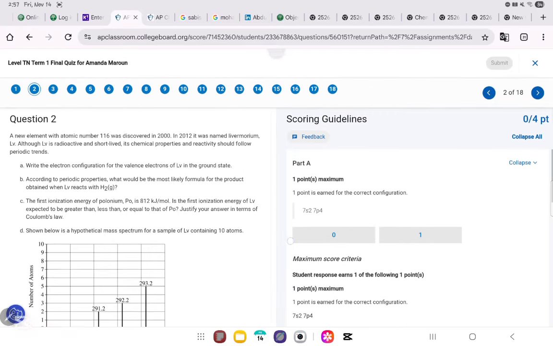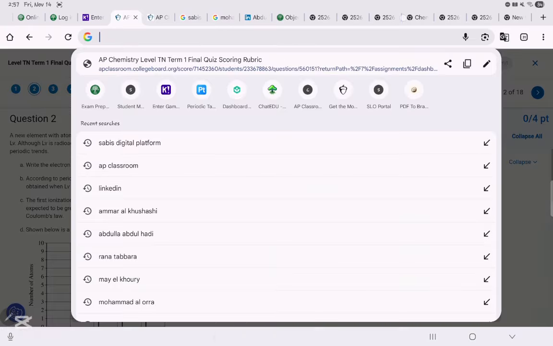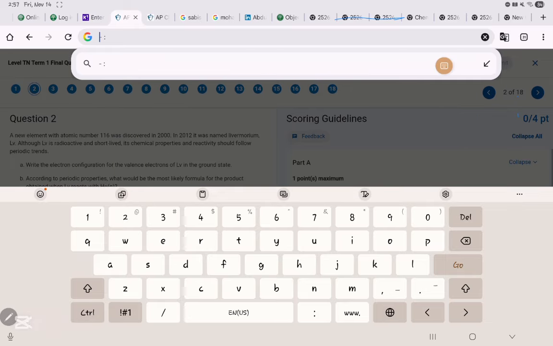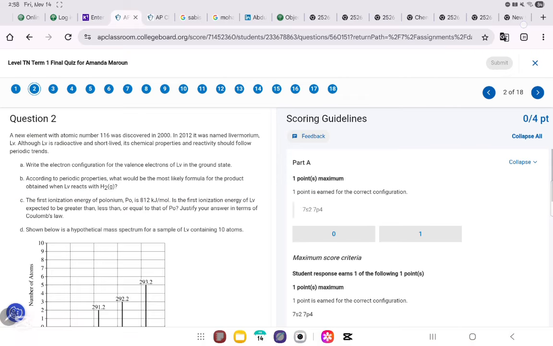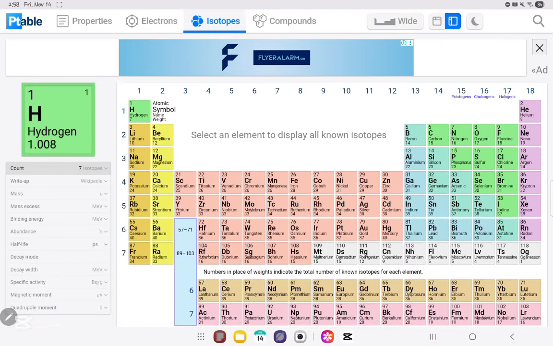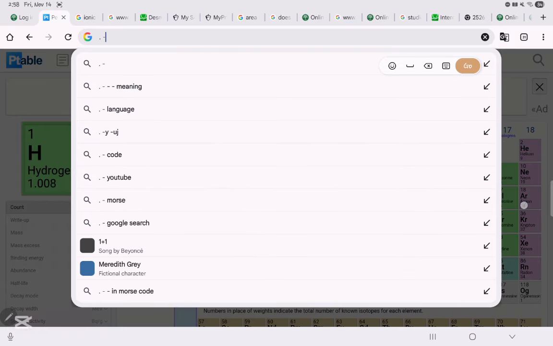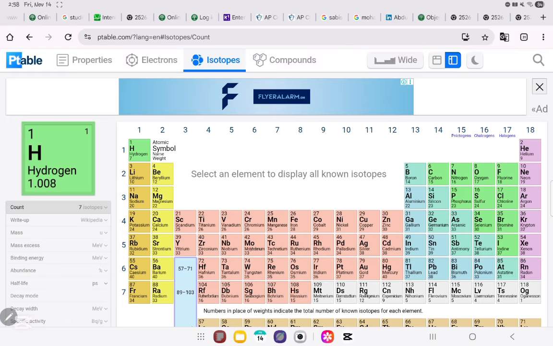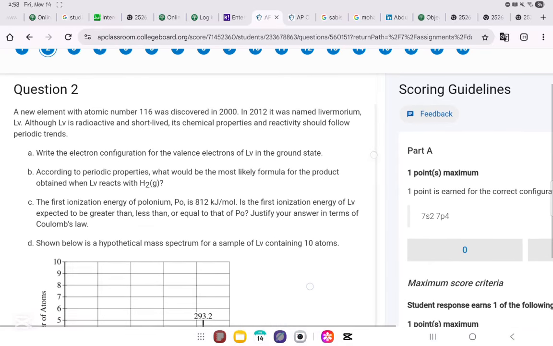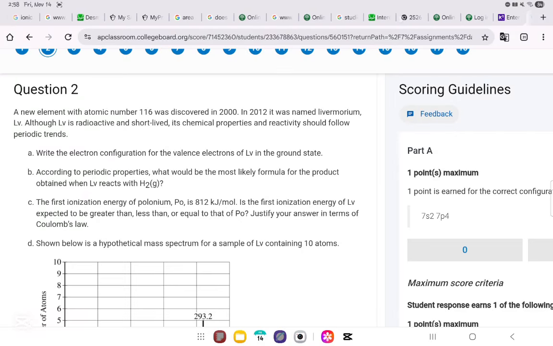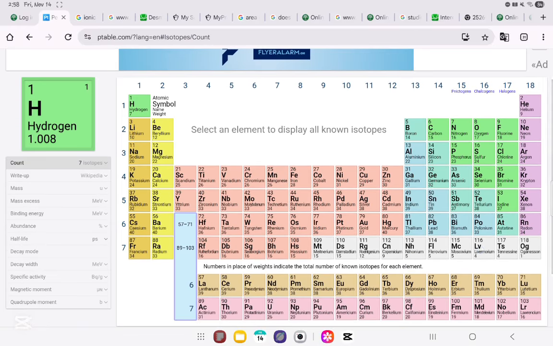So I'm going to open my periodic table. Let's find my periodic table. Let me go back to the AP classroom. What is my element? My element is Lv, which is livermorium. I'm going to go back to my periodic table and find Lv, it's over here.